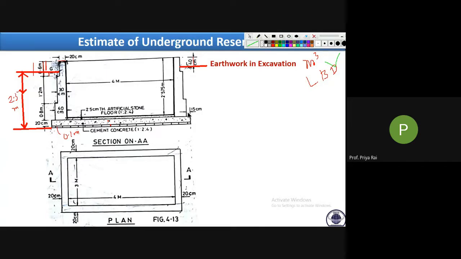This offset is given as 15 centimeter. That means we have to dig the earth, we have to do earthwork from here to here.